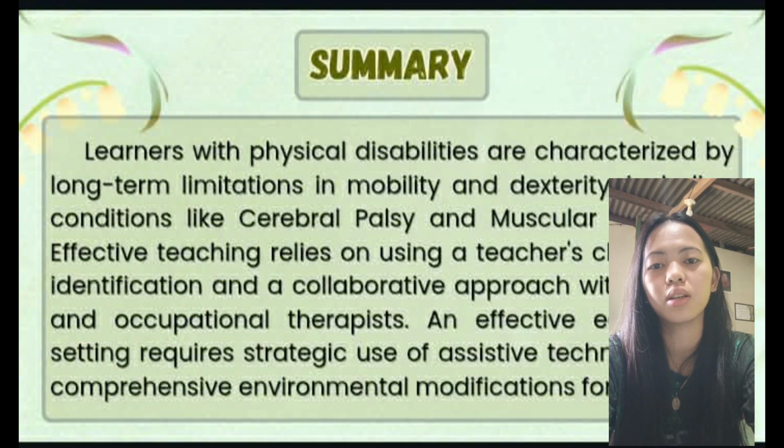So especially in disability in walking and moving. So as a teacher, dapat flexible ta, dapat mindful ta, and dapat mabantayan nato ang students nga nagkalisod, dapat in an appropriate way ma-address dayon nato as soon as possible.